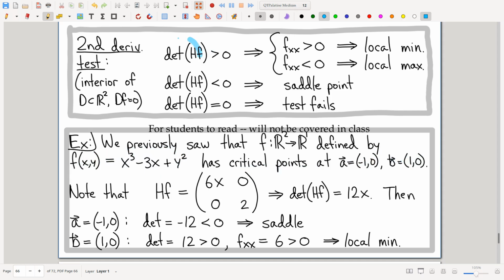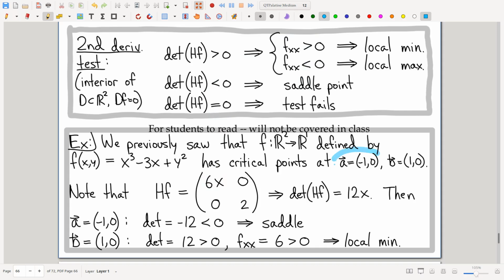We know we're going to need our Hessian determinant. So you take the Hessian, you compute the determinant, and here's what you end up with. There's your Hessian determinant. By the way, we may also need fxx. Keep in mind that is the top left element of the Hessian matrix. So we've got everything we need. Now we play the game.